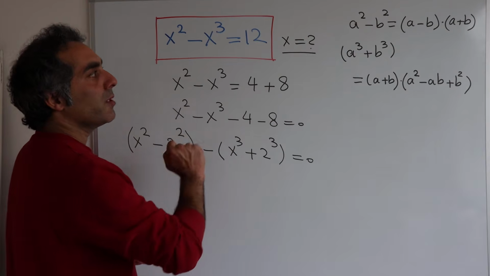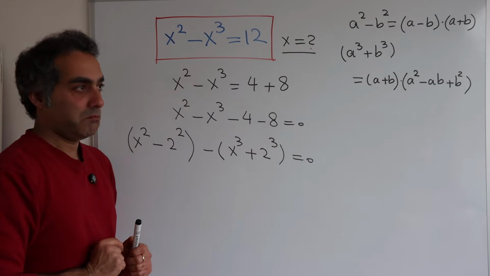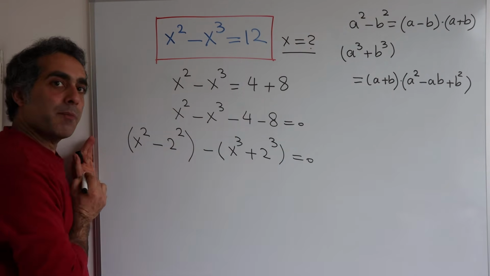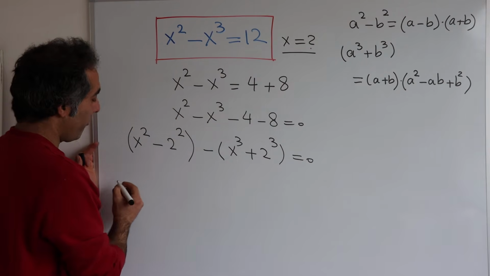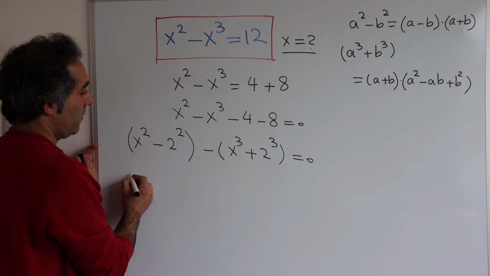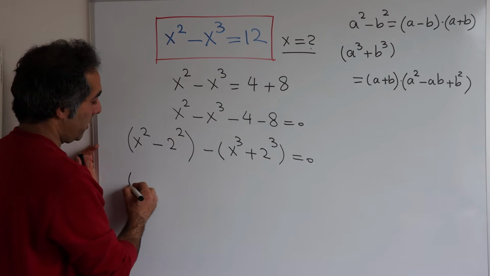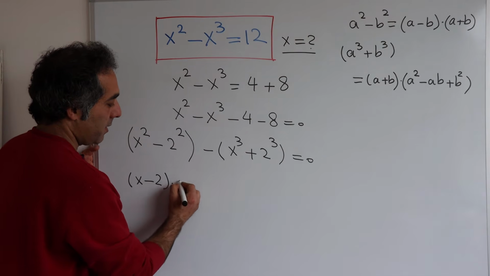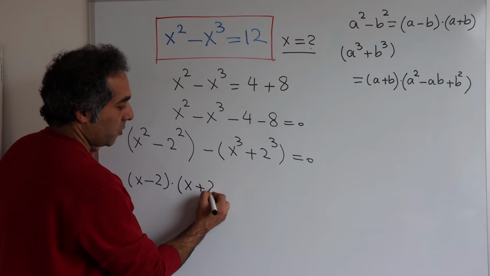So I can use both formulas here. For the first parenthesis I can use the first identity, so I can write x minus 2 times x plus 2.